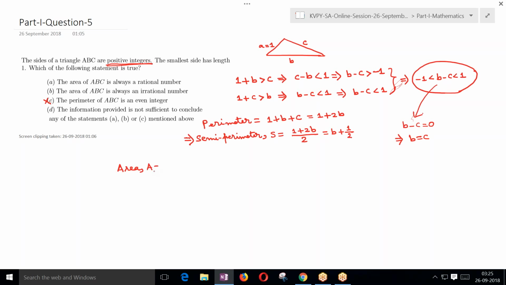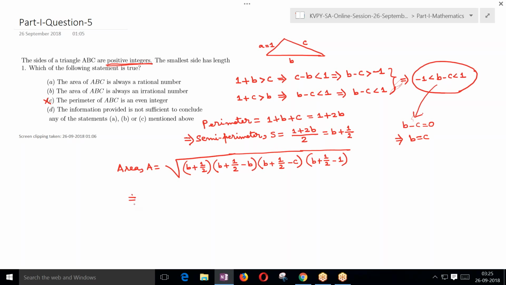Area A is equal to the square root of S into S minus A into S minus B into S minus C, that is (b plus 1) by 2 into (b plus 1) by 2 minus b into (b plus 1) by 2 minus C into (b plus 1) by 2 minus 1. That is the value of area.